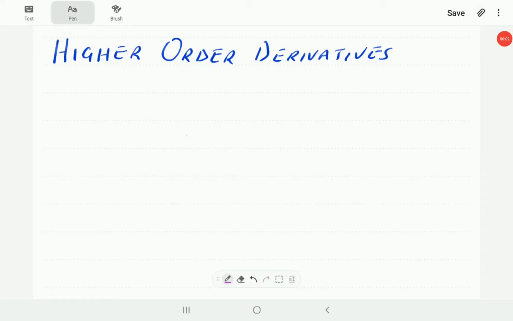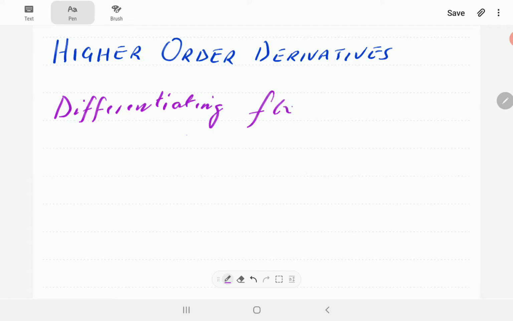Okay, in this video we're going to look at higher order derivatives. So differentiating f of x, a function of x, gives us df dx.